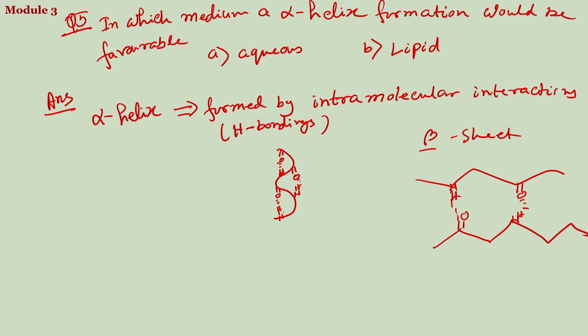This is one good way, that they can have intramolecular hydrogen bonding, form a kind of bent structure which will be away from the outside environment. So, chances of getting the intramolecular interaction would be better in the hydrophobic medium, in this case the lipid. So, alpha helix formation would be more favorable in the hydrophobic medium.